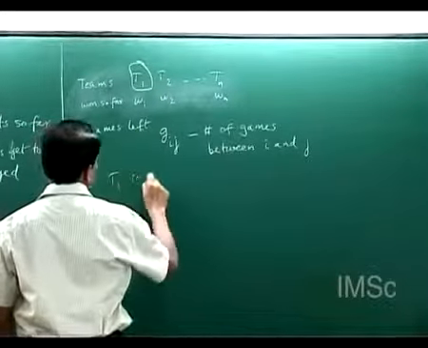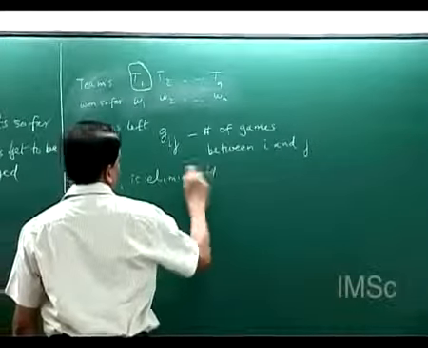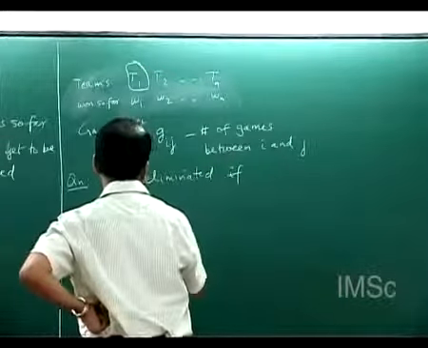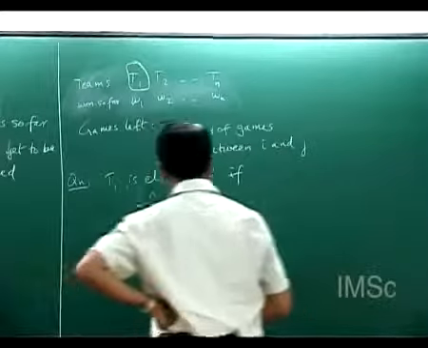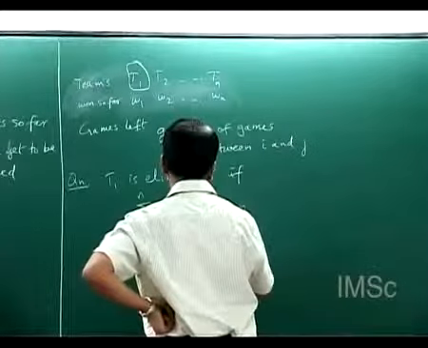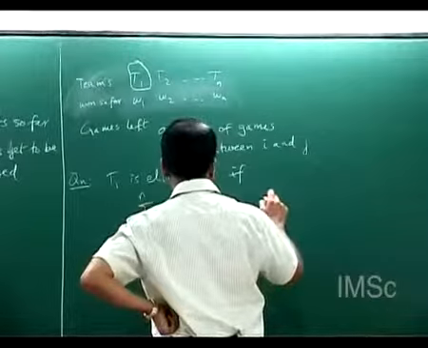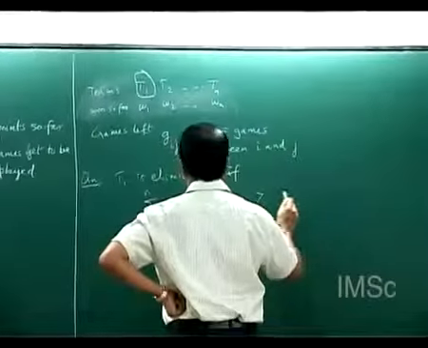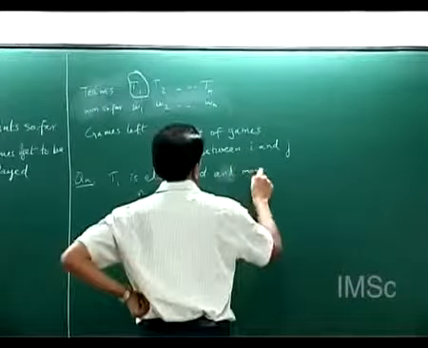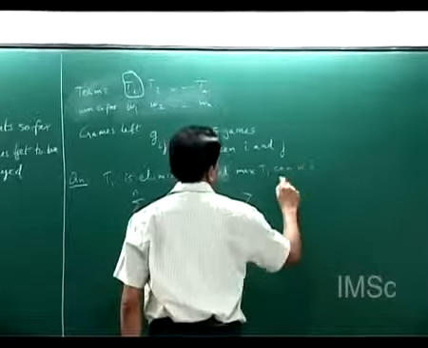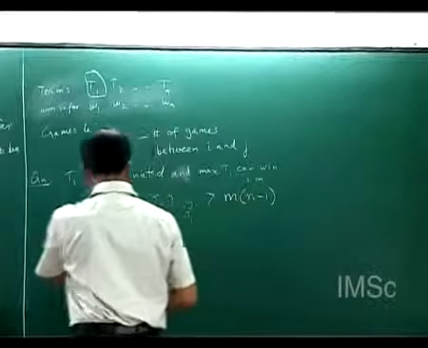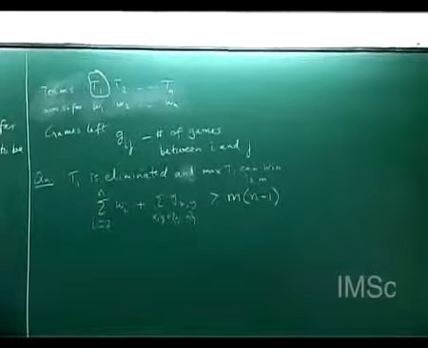So T1 is eliminated if the summation of Wi, i equal to 2 to n, plus the summation of Gxy, x,y in 2 to n, is greater than, let us say the max T1 can win is m, m times n minus 1.